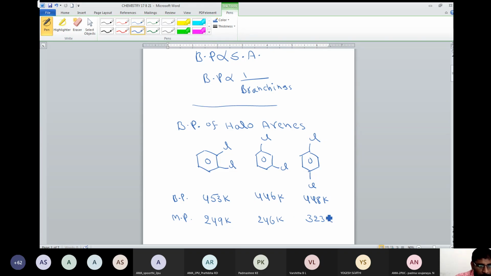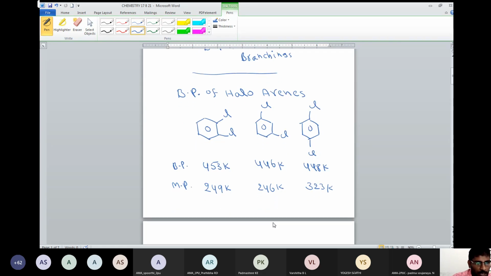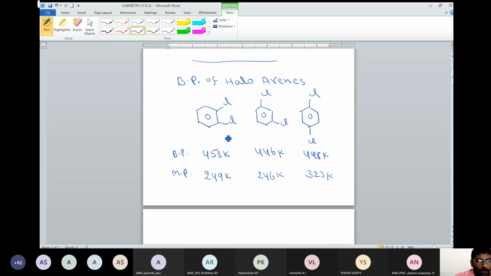In melting point, para is the highest at 323 Kelvin. In boiling point, ortho is the highest. Meta always gets the least boiling point and least melting point. Just remember this order. Para always has the highest melting point.